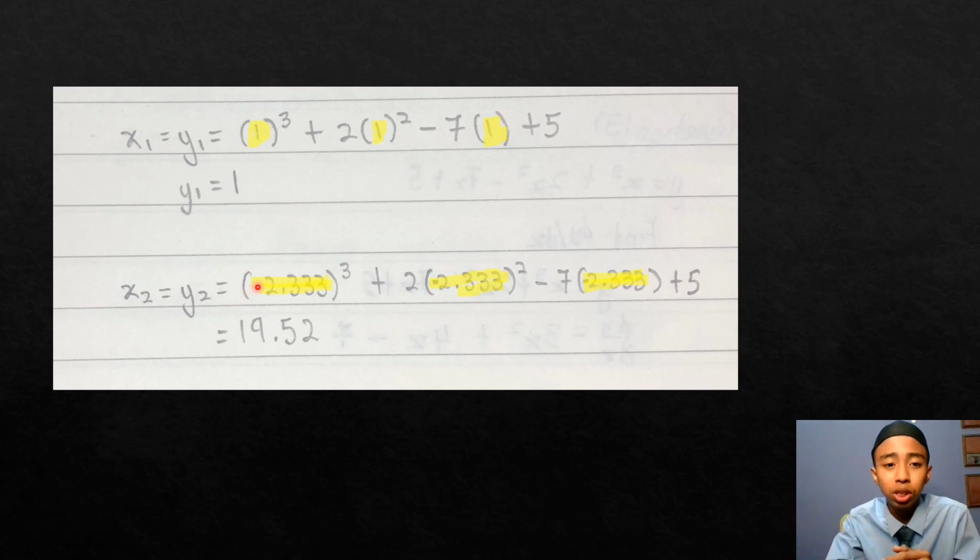We change x to the number we get in x2. y2 equals negative 2.33 to the power 3 plus 2 multiplied by negative 2.33 to the power 2 and minus 7 multiplied by negative 2.33 plus 5. We get the answer y2 is 19.52.